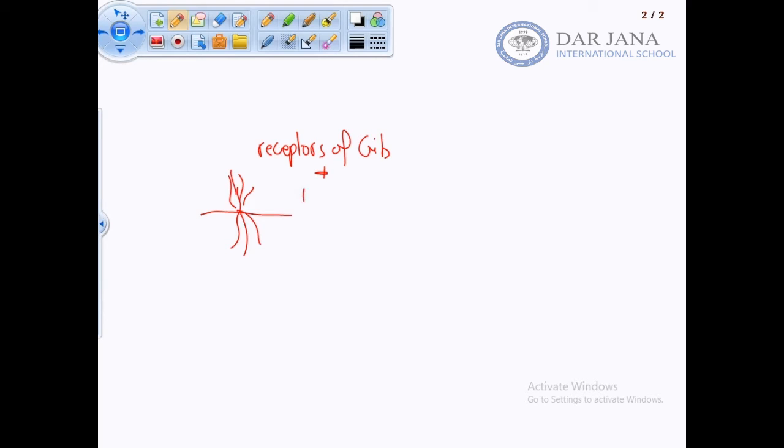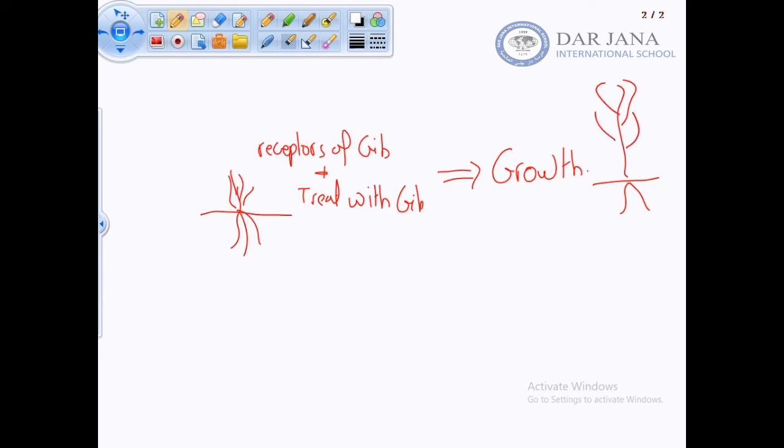So we are going to treat it with gibberellin. What will happen here? For sure, because receptors are available, and after treating it with gibberellin the hormone will be available, we obtain growth of the plant, and the plant will not be dwarf anymore. We obtain a plant that increases in length.